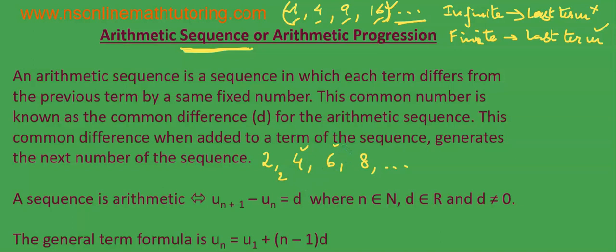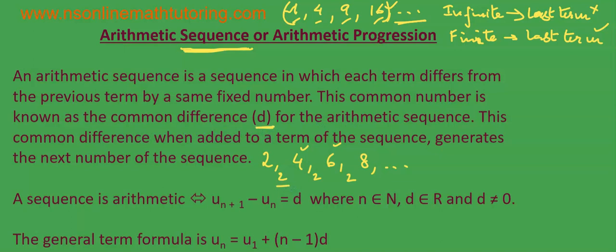If I take the difference between the second and the third terms, 6 minus 4 is equal to 2, and 8 minus 6 is also equal to 2. So there is the same fixed number by which the next term is different from the previous term. Okay? And this common number is known as the common difference d.